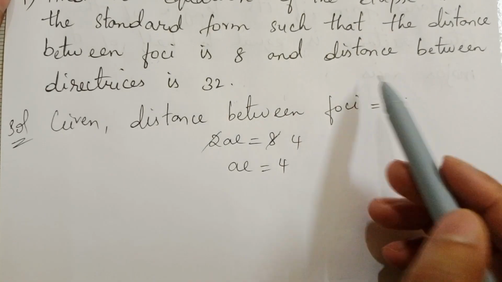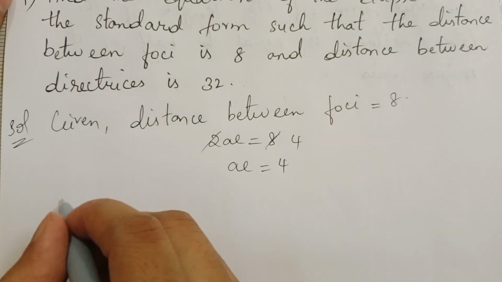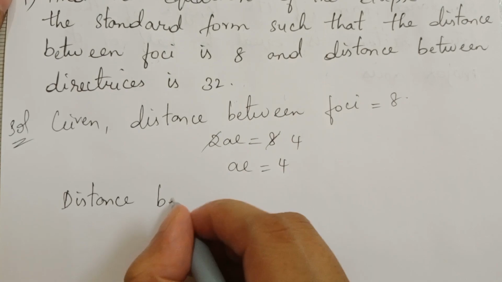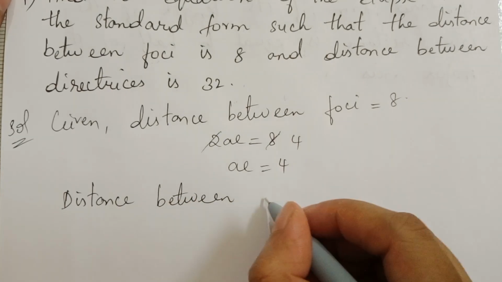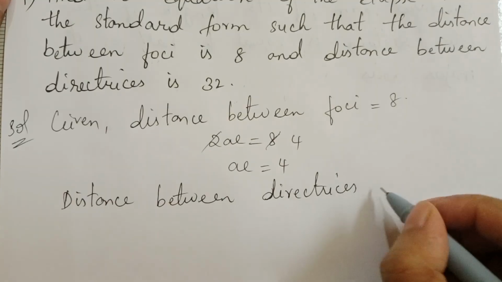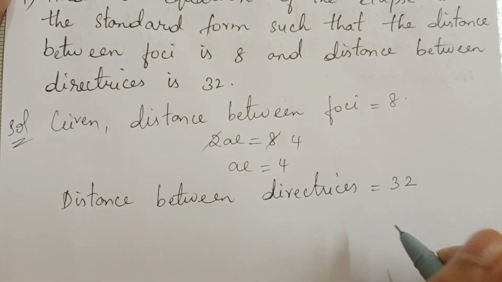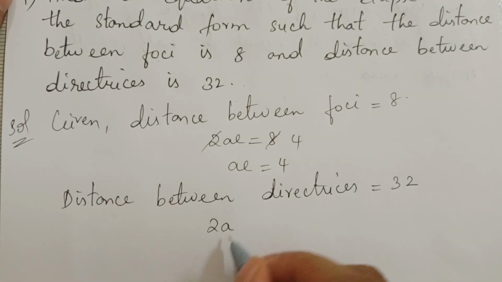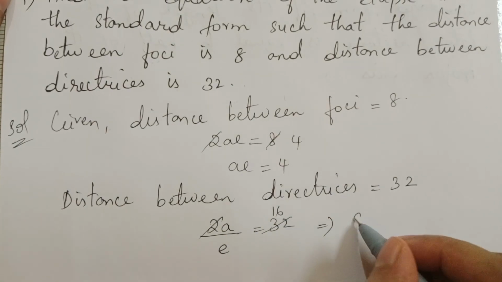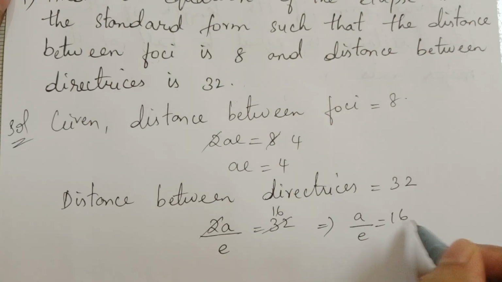And again the distance between the directrices is given, which is equal to 32, right? And the formula is 2a by e is equal to 32. 2 ones are 2, 2 sixteens are 32, so we'll get a by e is equal to 16.